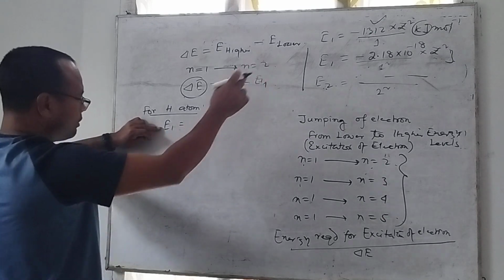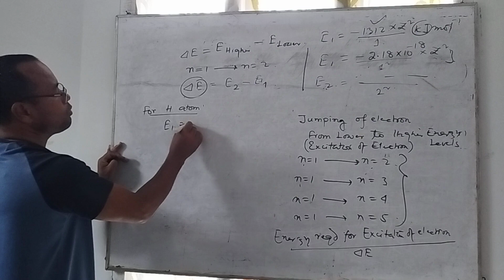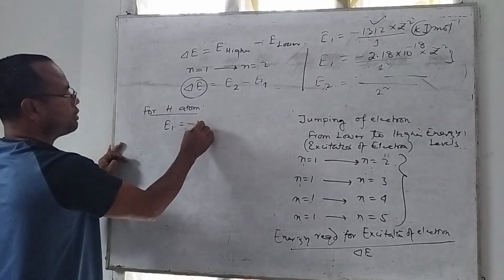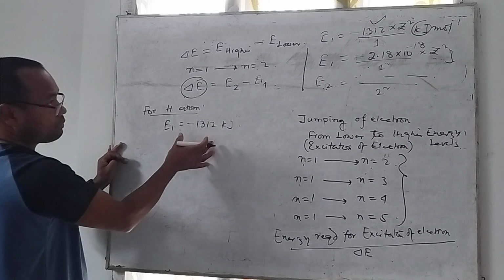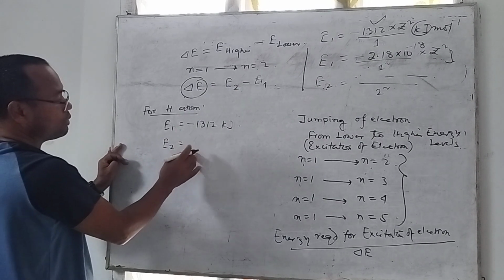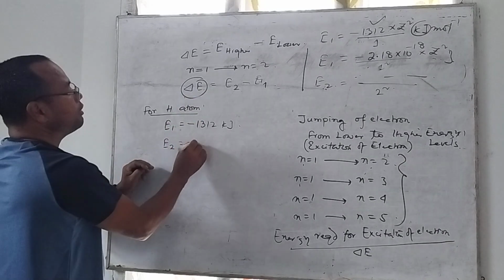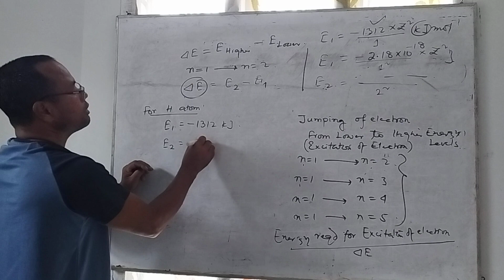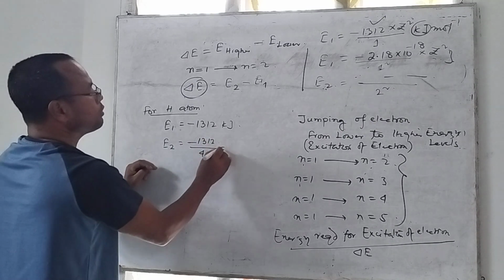So E1, how much for hydrogen? Z square is 1 square, that means minus 1312 kilojoules. If we are going to calculate E2, that will be minus 1312 divided by 4. How much will be here?